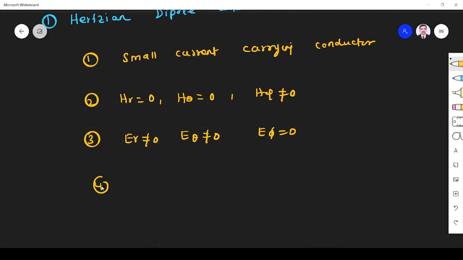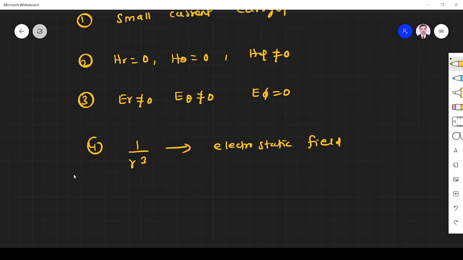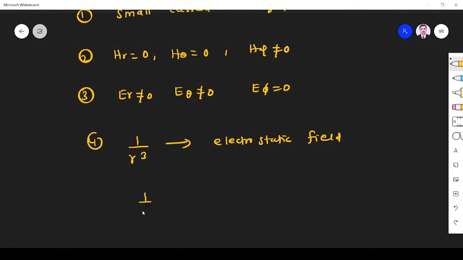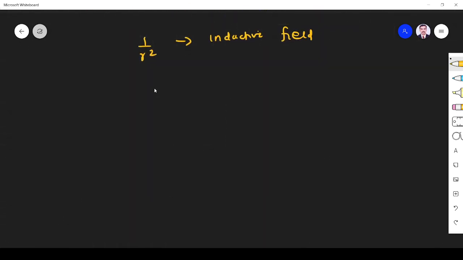The next one: we have some fields here. In this antenna radiation, 1 by r cube is called electrostatic field, 1 by r squared is the inductive field, and 1 by r is the radiation field.